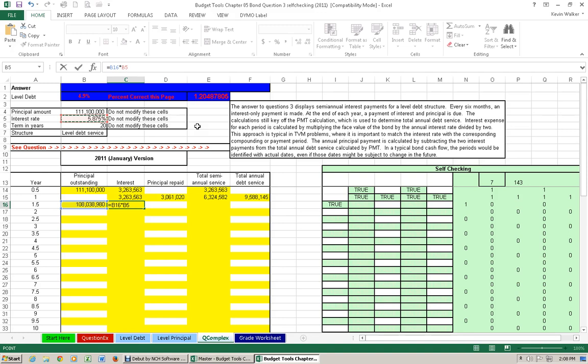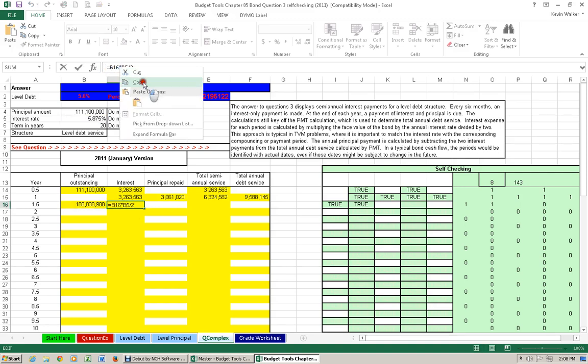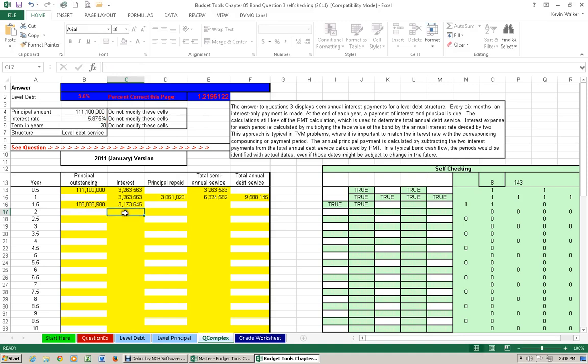And since we're going to pay half of it in July and half of it in January, like a mid-year, we're going to divide by 2, and there's our mid-year. And since it's the same for the other half of the year, because we're just paying half each time, we can just copy and paste that into the next line.